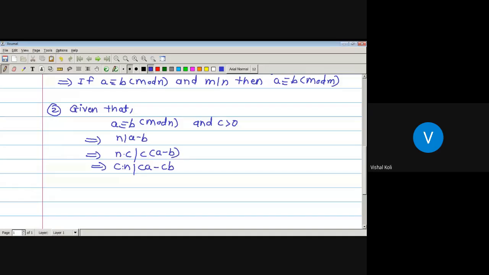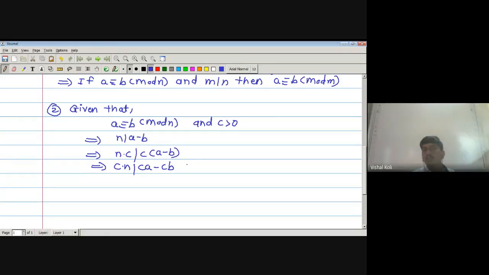C into here, the integer C into n divides the difference of two integers C into A and C into B. Now here we have to apply the definition of congruence, as Cn divides Ca minus Cb, which implies Ca must be congruent to Cb modulo Cn, which is from definition.